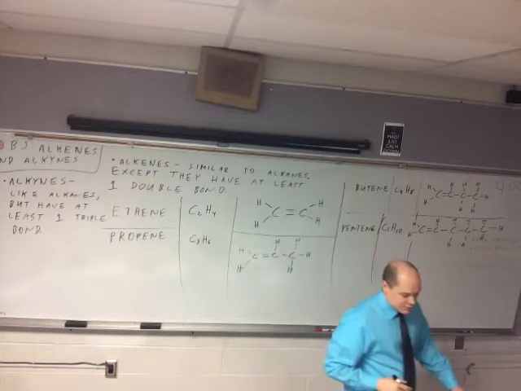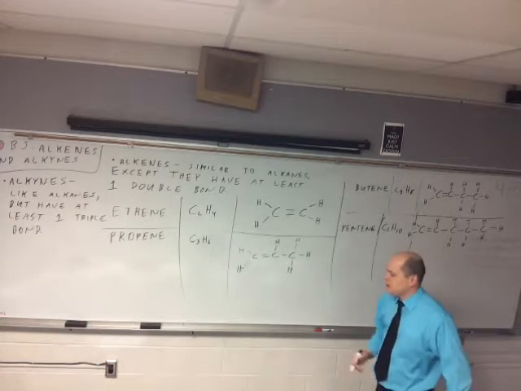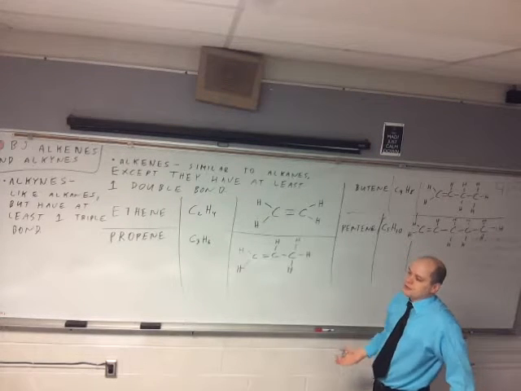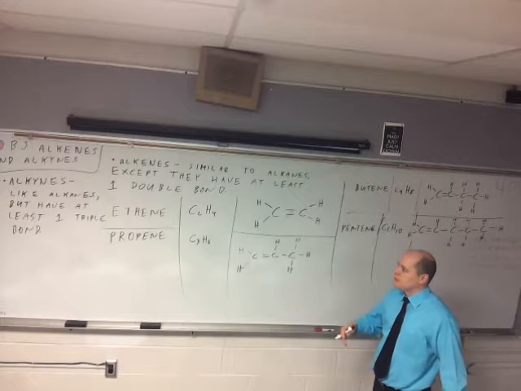And just like I said before, same thing for alkynes, you can't have a 1 carbon version because there would be nothing for the triple bond to go to. So methyne doesn't exist. Ethyne is going to be the first one on the list.